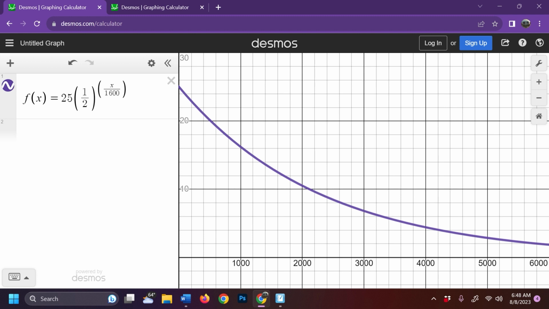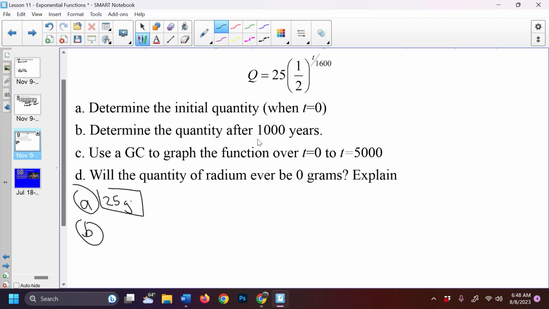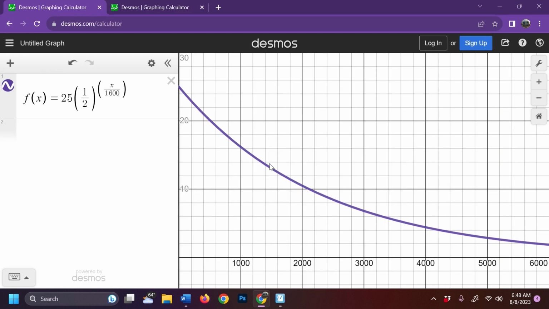And it wants us to determine the quantity after 1,000 years. We can do that a couple of different ways. We can go right to 1,000 and see if we can get it on 1,000. So after 1,000 years, there's 16.21 grams left.